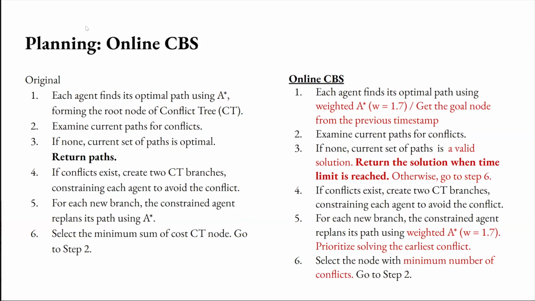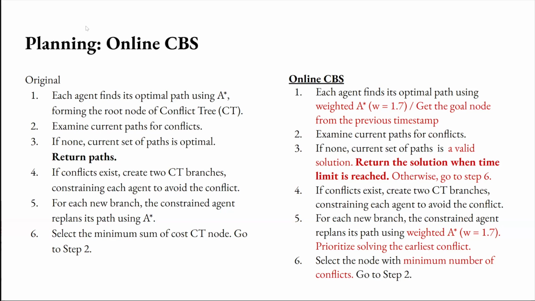And then the second thing is that when we are resolving the conflict, we try to prioritize solving the earliest conflict, because we want to make sure that every time we are able to provide a feasible solution. So we want to solve the earliest first, to ensure we return a feasible solution.